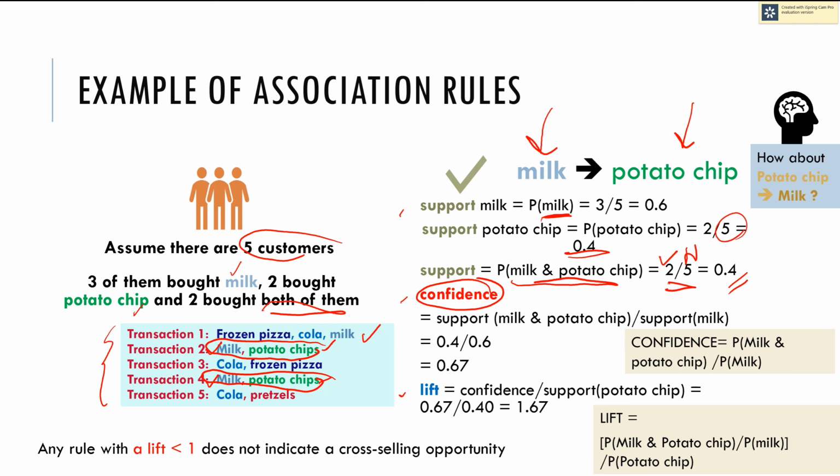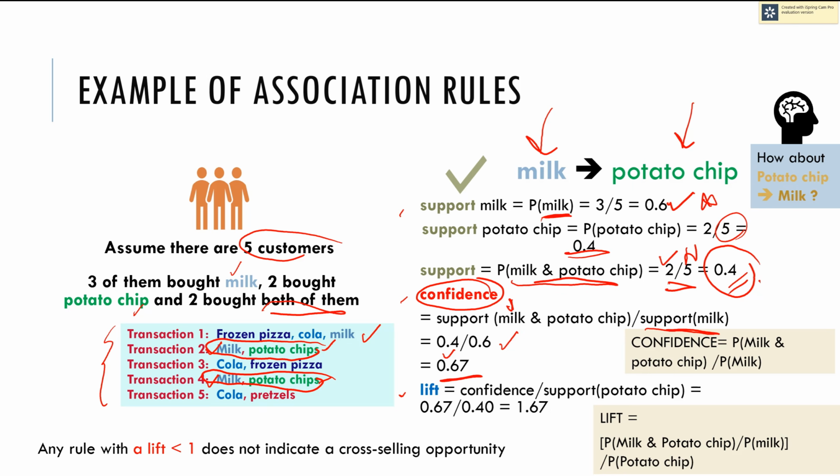The confidence formula would be the support of these two combined over the support of the antecedent, or the left hand side item. Support of milk and potato chips has been calculated here, that is 0.4. Support of milk has been calculated here as well, that is 0.6. So 0.4 over 0.6 would be 0.67. In other words, we can say that confidence is P(milk and potato chips) over the frequency of milk.